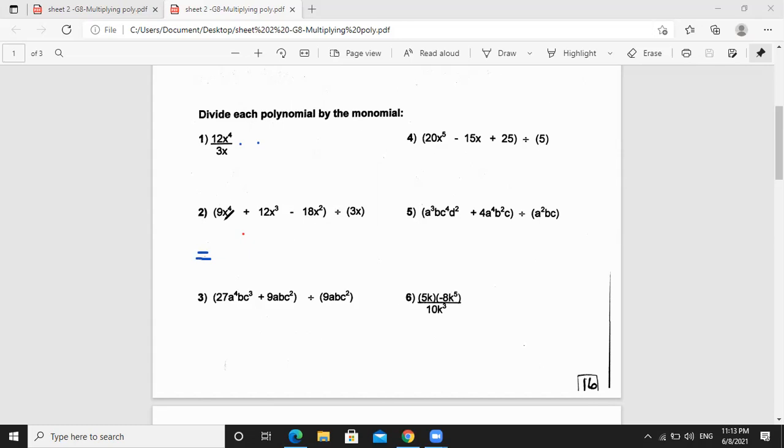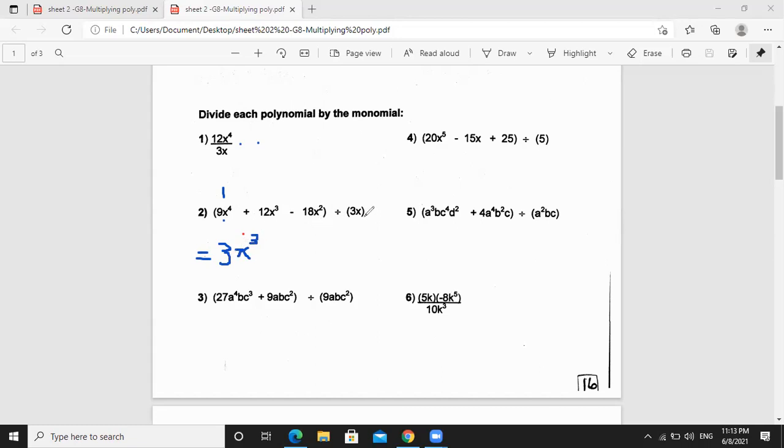Then we will start with the first term divided by the divisor, 3x. Then 9x to the power of 4 divided by 3x. 9 divided by 3 will be equal to 3. And then we will subtract the exponents, x power 4 and x, it will be x to the power of 3.